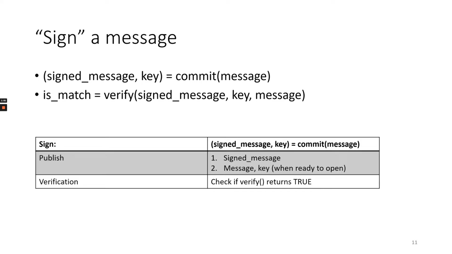Later on, I will reveal the original message, and at the same time, I will also reveal the key that was used for that hash mentioned earlier. What we need now is a way to verify that the message that I'm claiming was inside that signed message is the same message that I originally committed to. To do this, we'll take advantage of the verify function.